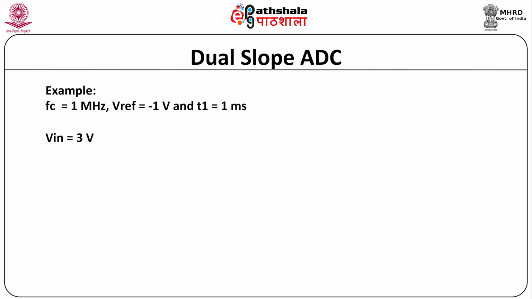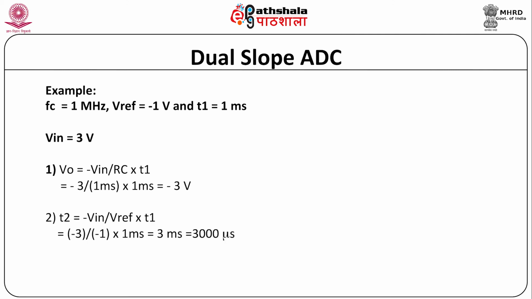During the fixed time period T1, the integrator output V0 is given by V0 is equal to minus V in upon RC into T1. Therefore, V0 is equal to minus 3 upon 1 millisecond into 1 millisecond. Thus, we get V0 as minus 3 volt.